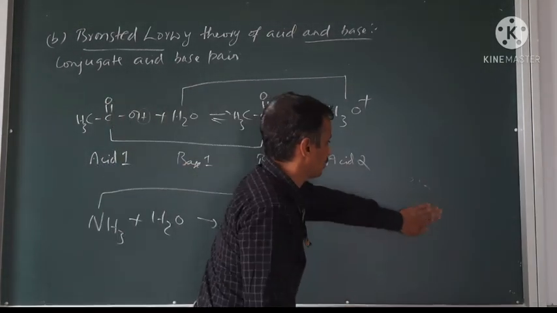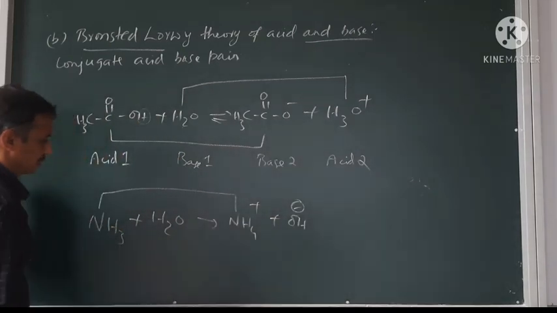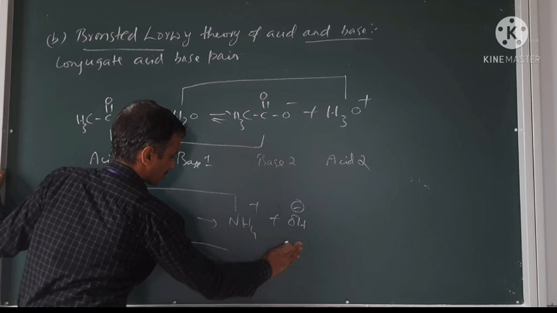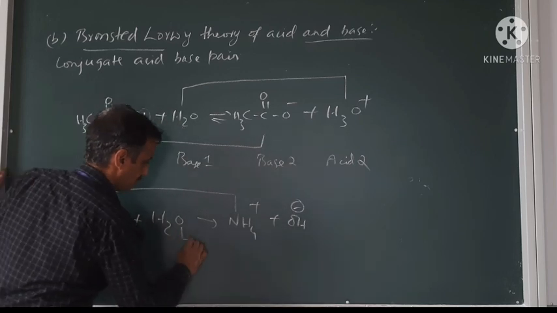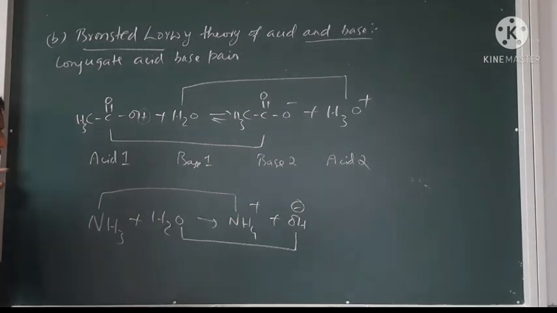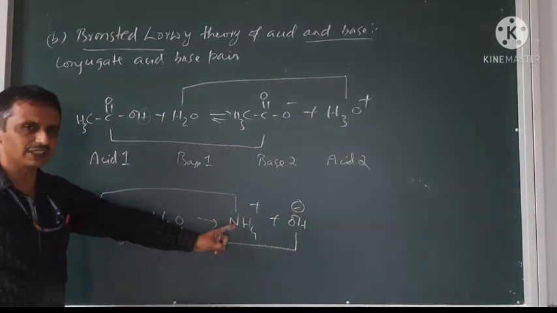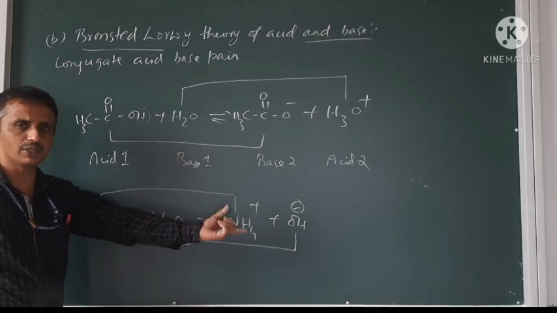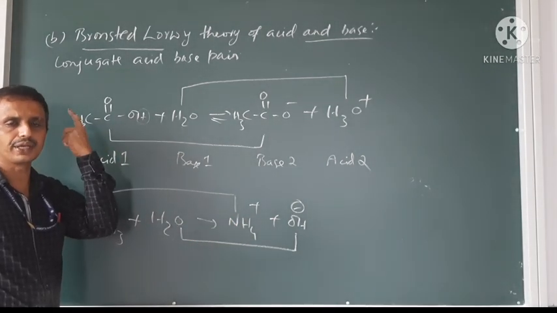So one H plus difference. Here again one H plus difference. So NH3 and NH4 plus are one conjugate acid base pair. Water and OH minus are one more conjugate acid base pair.